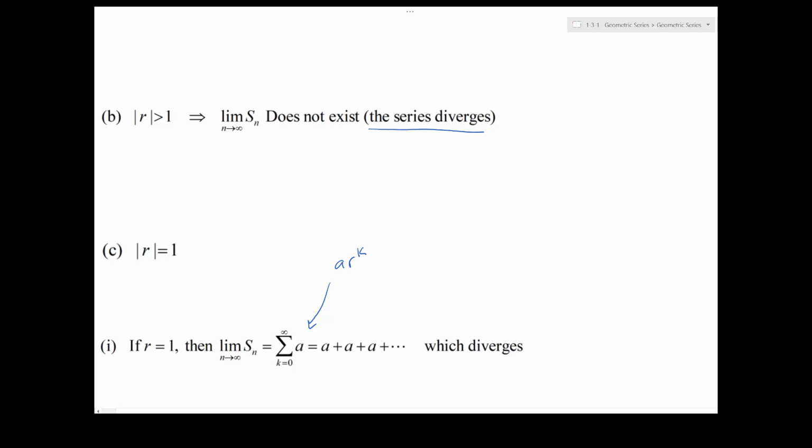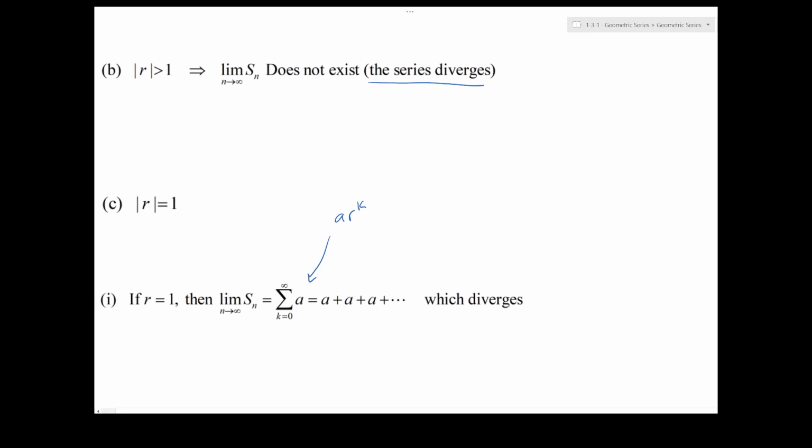So if r is 1, then r to the k is always just 1. So you get the series k is 0 to infinity of a, which is a plus a plus a plus a plus a plus a, and so on forever. That's just going to become infinite in magnitude depending on the sign of a. So that diverges. So it's not going to converge in that situation.